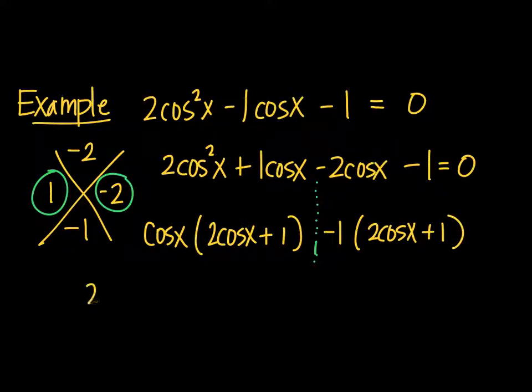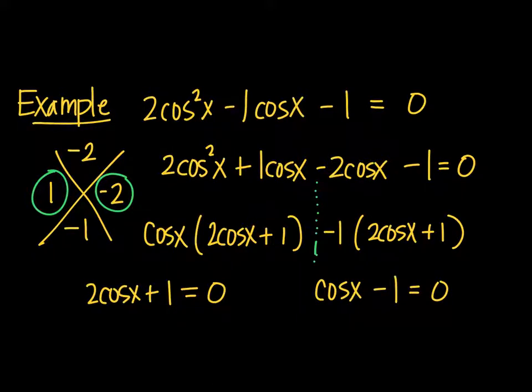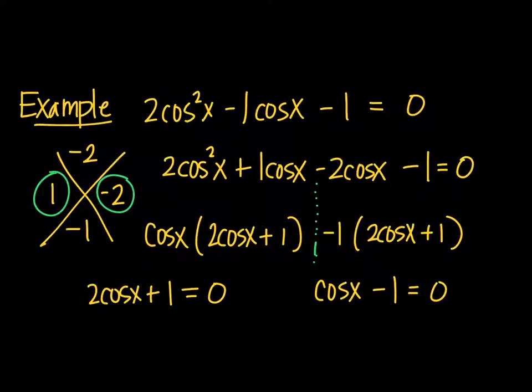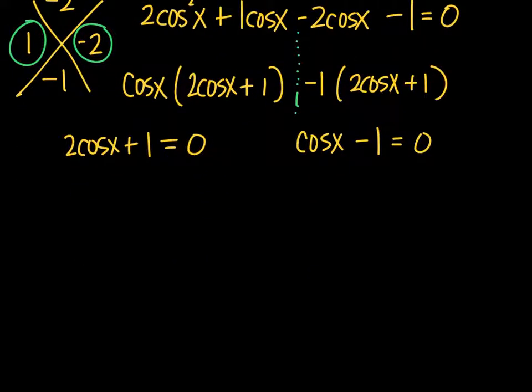So what do I do with that 2 cosine x plus 1, which was in parentheses? Set it equal to 0. And what else gets set equal to 0? Cosine x minus 1 also gets set equal to 0. And then we're ready to solve.